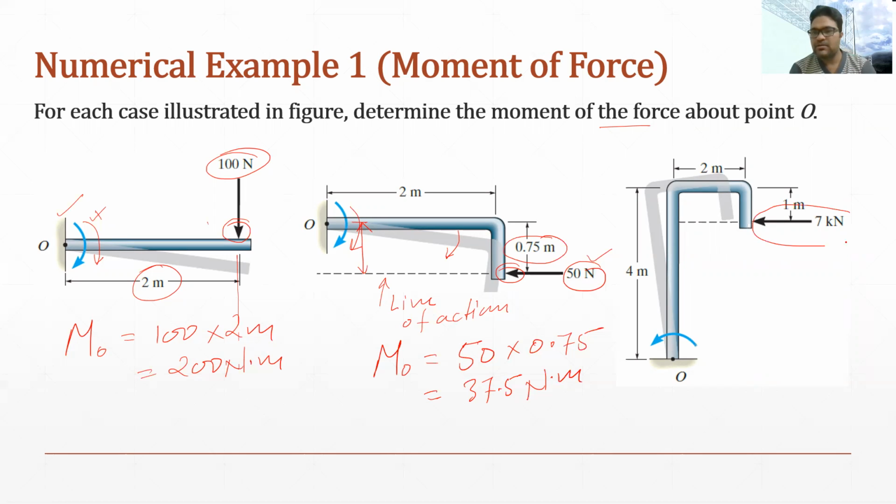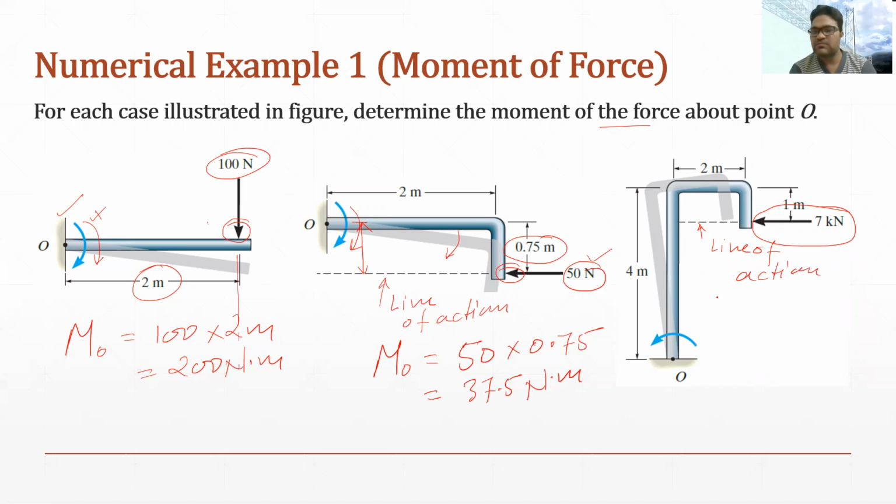Similarly, we have another case. In this case, there is a vertical rod and the force is 7 kilonewton, in the leftward direction. The line of action of the force is this one. We will always see where the line of action is, and we will always measure the perpendicular distance with reference to the line of action.